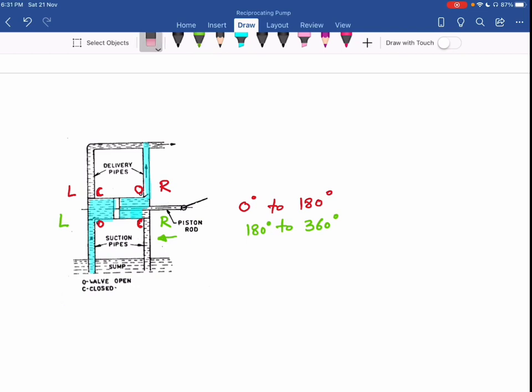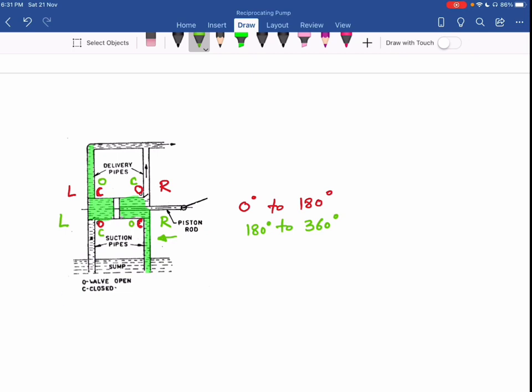So at that time, you can see water comes from this side. So here the suction takes place, and water delivers from this side to the delivery pipe. Okay, so at that very time, this suction valve is open, this suction valve is closed. Okay, then this delivery valve is closed, and this delivery valve is open.